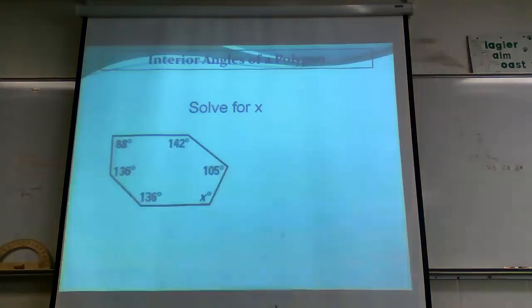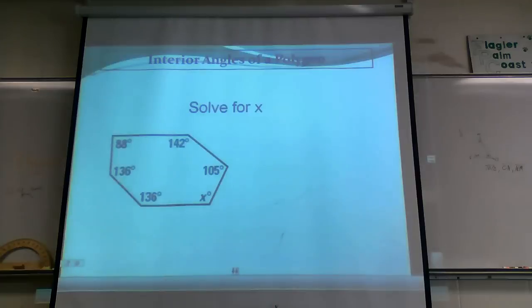Okay, so the types of problems you'll see, like this will be an example of one, where it's just a basic solve for X problem. It's not even really that complex because they literally just have X on an angle, and they give you measures for the rest. But the way you approach any problem like this is going to be the same, because you should notice that 88 is an interior angle.